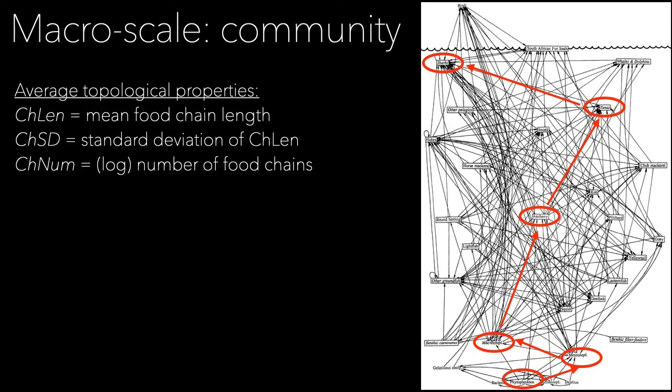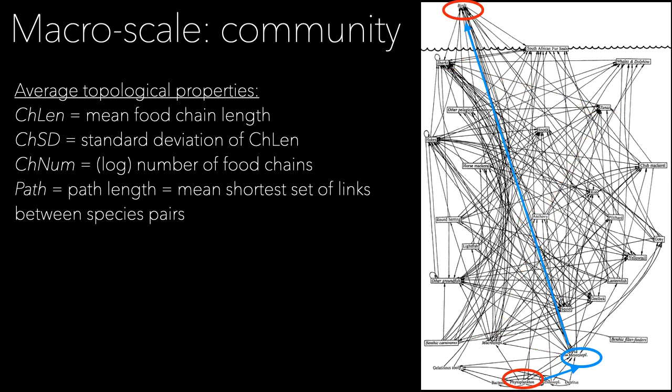What we can also finally calculate is just the number of food chains, and in particular the log number of food chains. This is important when we want to estimate and compare complexity and henceforth infer the stability of a food web.